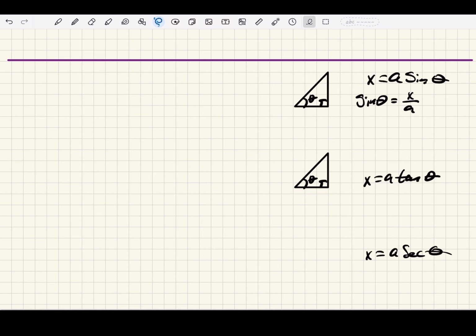Looking at the triangle, if sine is x over a, then x is on the vertical and a is on the hypotenuse. And the other side, according to an old dead Greek guy, would be the square root of a squared minus x squared.